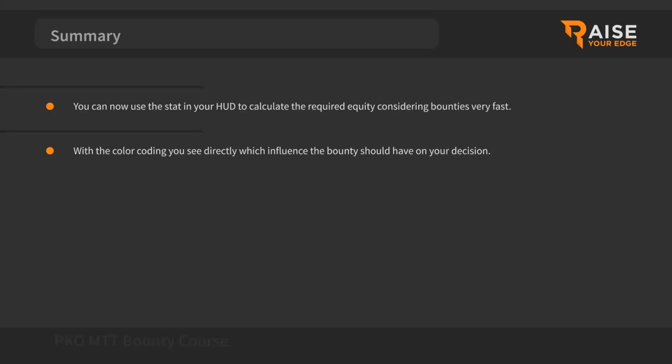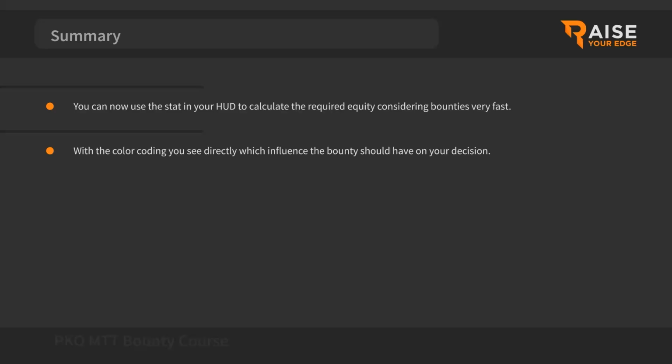If the stat is red, the bounty actually does not have a very big influence. It's between 0 and 3% equity drop of the equity which I'm getting off the odds. If it's yellow, then it's between 3 and 8%. And if it's green, then I should really look into this, and then I should really focus on this table.